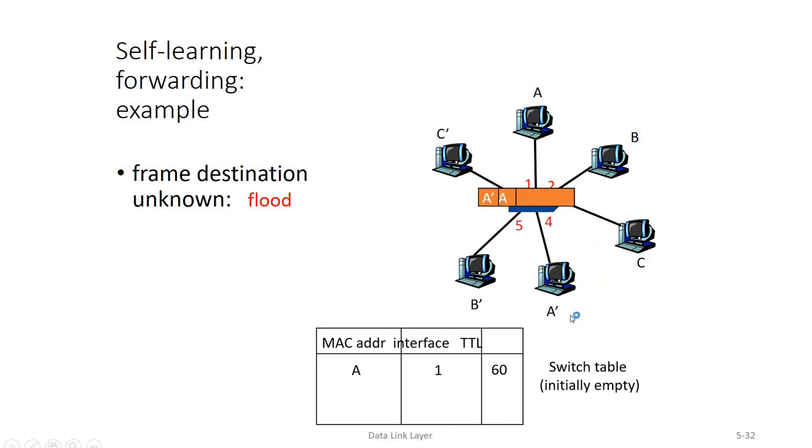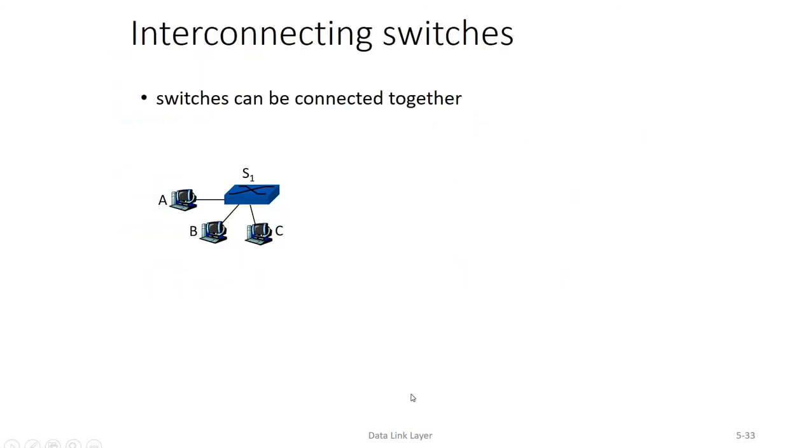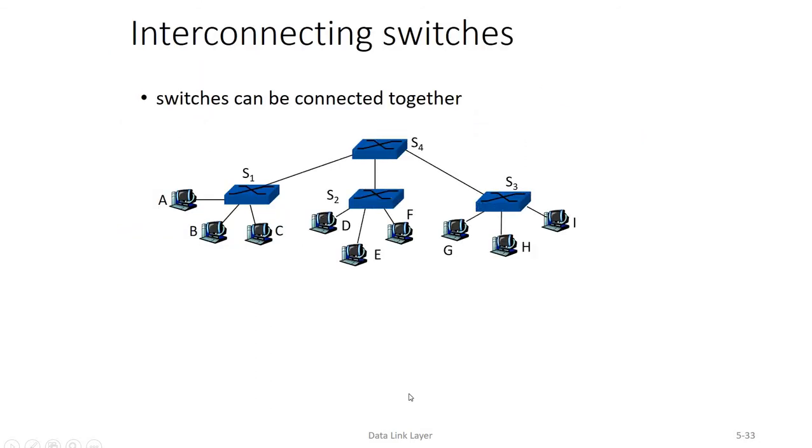When A dash replies back, then I will know A dash is attached to port number 4. So the next time, I send selectively, because I know the destination was A, and A I already recorded before. This is what will happen every time I send a packet.